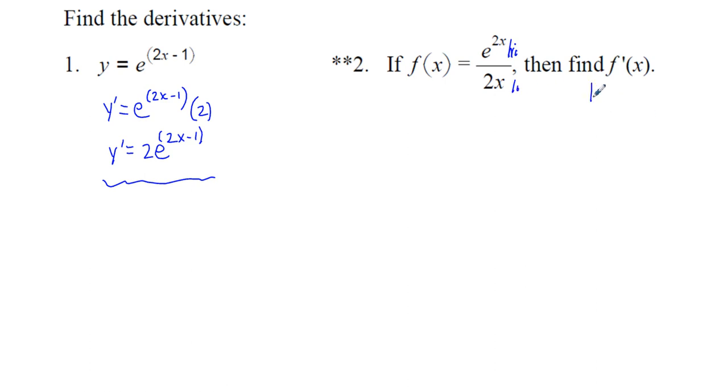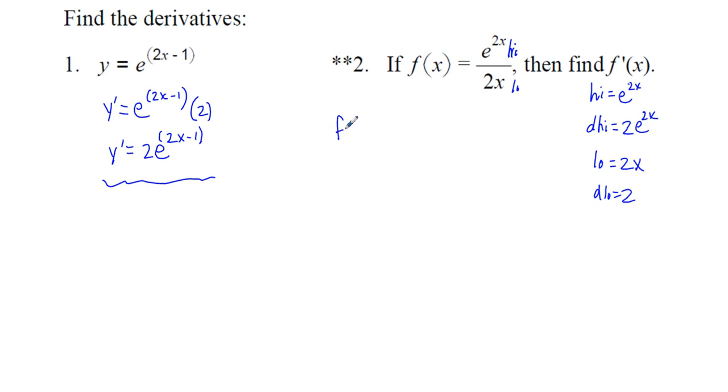So the high function is equal to e to the 2x, and d high is going to be equal to 2e to the 2x power. The low is going to be 2x, and d low is equal to 2.